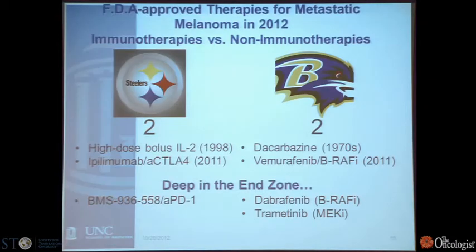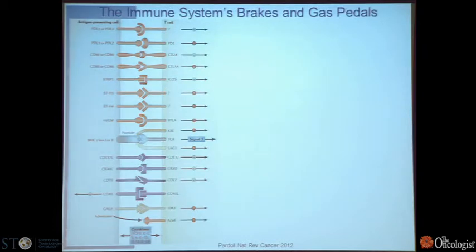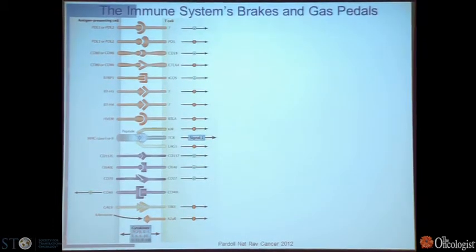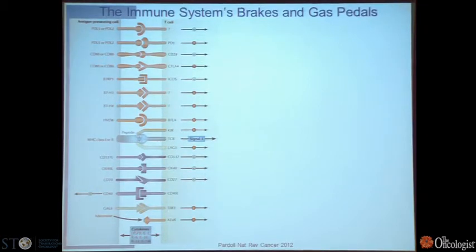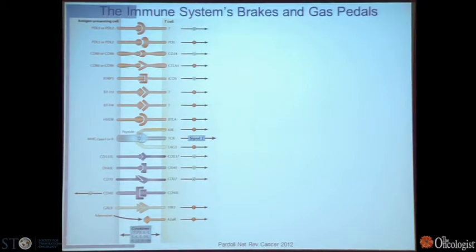So I will focus on these two types of therapies that are basically trying to inhibit the inhibitors of the immune system, as these are becoming more and more prevalent now. The process of activating a T cell when it comes across an antigen-presenting cell is very complex.